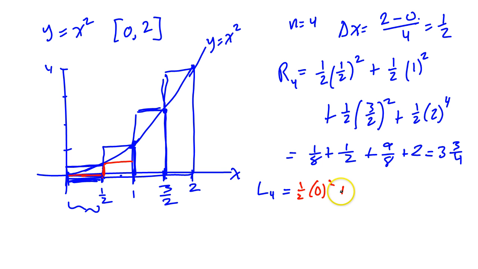So that would still be a width of a half, but the height now is a half squared, plus the next one, this width times that height. That height was plugging 1 in, so the width of a half, and I get the height by plugging the value x equals 1 into the function, so squaring 1. And then lastly, this last subinterval has width a half, and height whatever I get when I plug in 1.5.